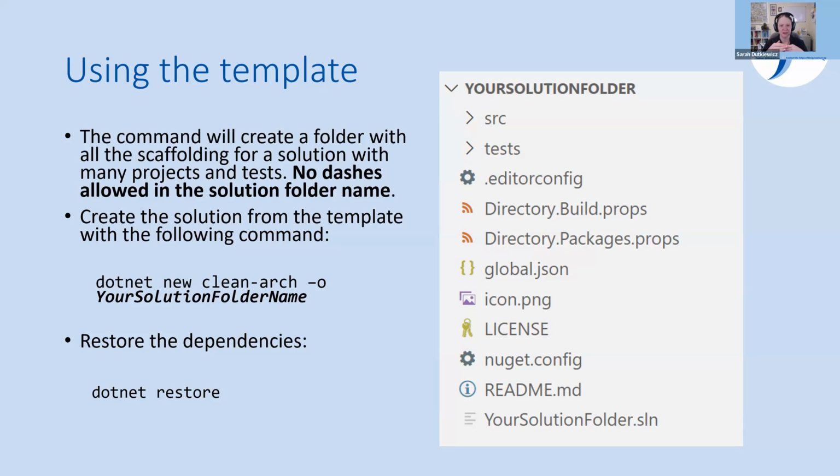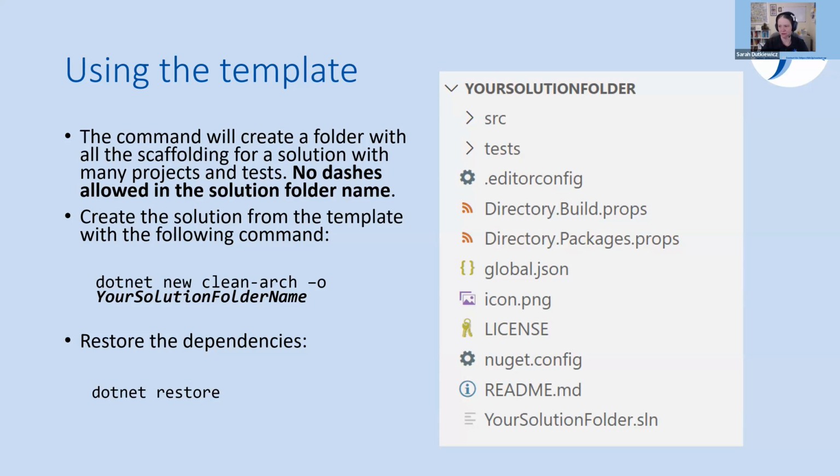No dashes in the folder that you're going to be running your application from. That causes headaches. We're going to create the solution with the template using the dotnet new CLI command. So it's dotnet new clean-arch, that dash is okay, dash o and then your solution folder name. Where you see your solution folder name, that's where there's no dashes allowed.